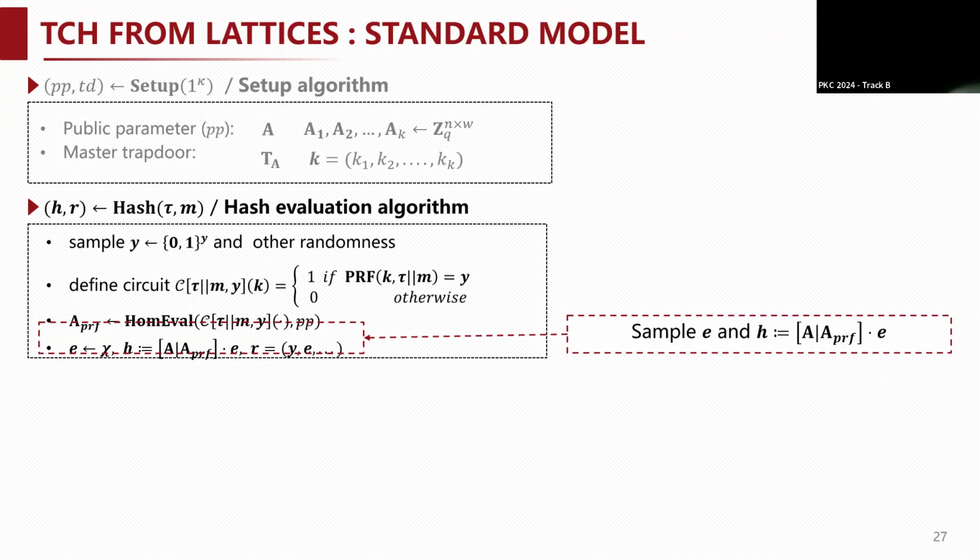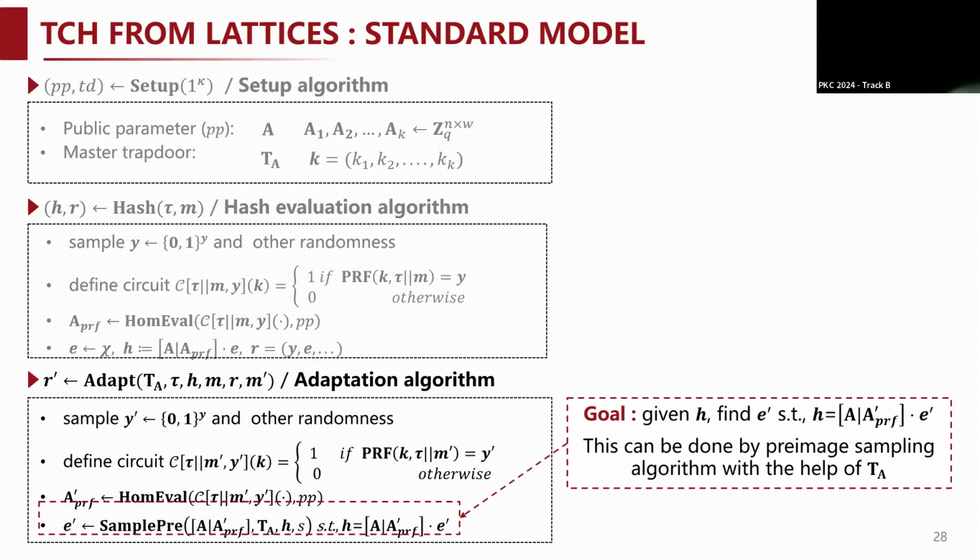Next, we compute a matrix A_PRF by homomorphic evaluation on the circuit C, and the hash value h is computed as the concatenation of A and A_PRF times a small vector e. The randomness includes the string y and the short vector e.